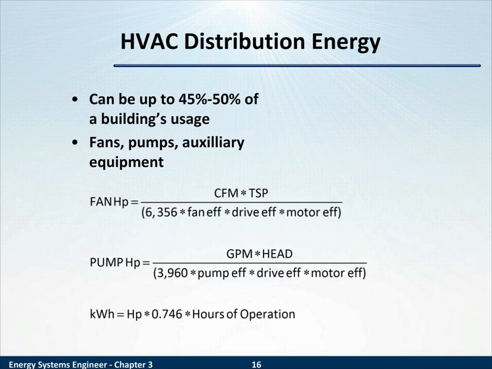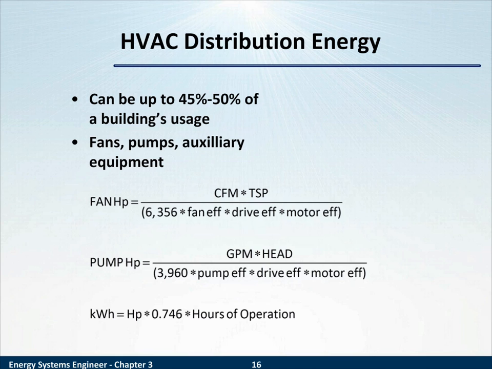Some sample calculations that you can use here to determine fan horsepower, or given fan horsepower to determine something else. Fan horsepower is cubic feet per minute times static pressure. Of course, duct size will have a lot to do with static pressure, divided by a set of efficiencies: the fan, the drive, the motor.